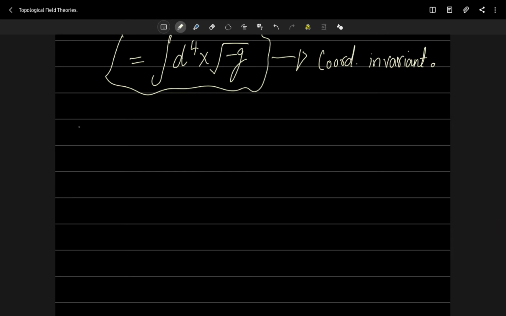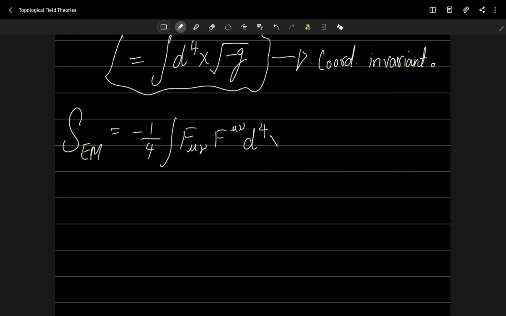So the good old electromagnetic action is equal to negative 1 over 4 integral f mu nu f mu nu d4x, right? This was it. It depends on g mu nu, right?